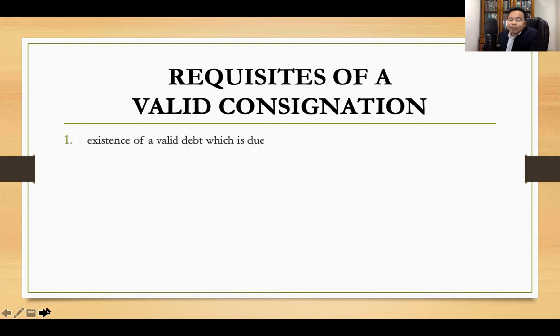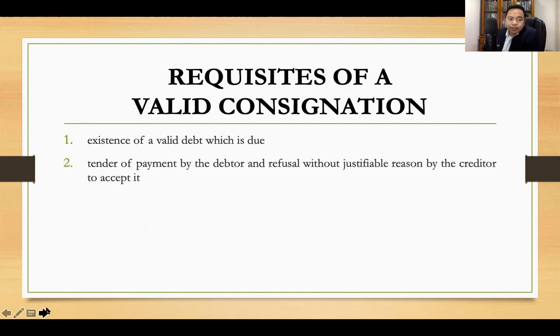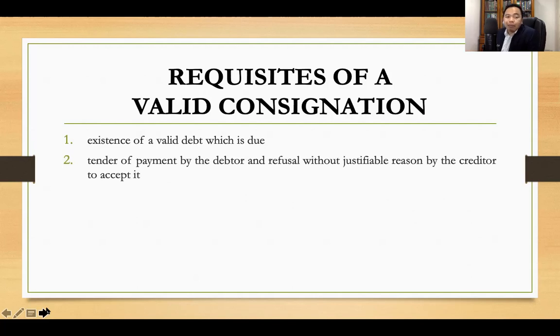Now, memorize the requisites of a valid consignation. Let us go to them one by one. First, existence of a valid debt which is due. Second, tender of payment by the debtor which was refused without justifiable reason by the creditor. So there is what? Delay on the part of the creditor to accept the payment without justifiable cause.